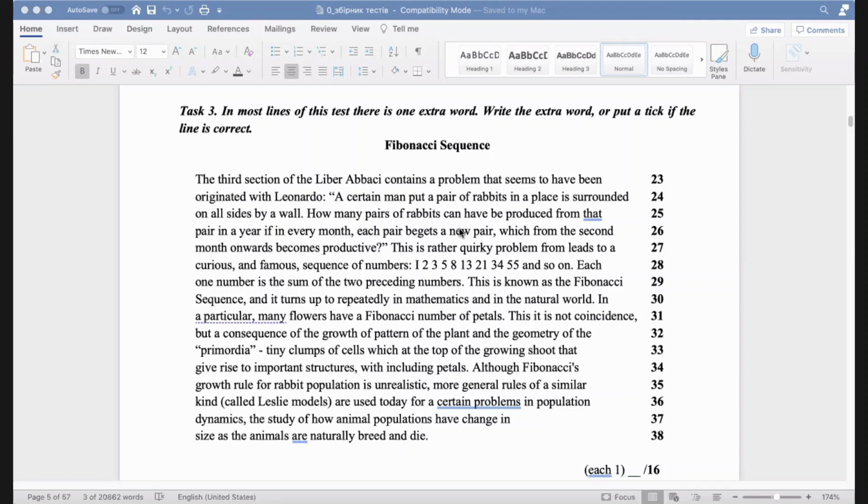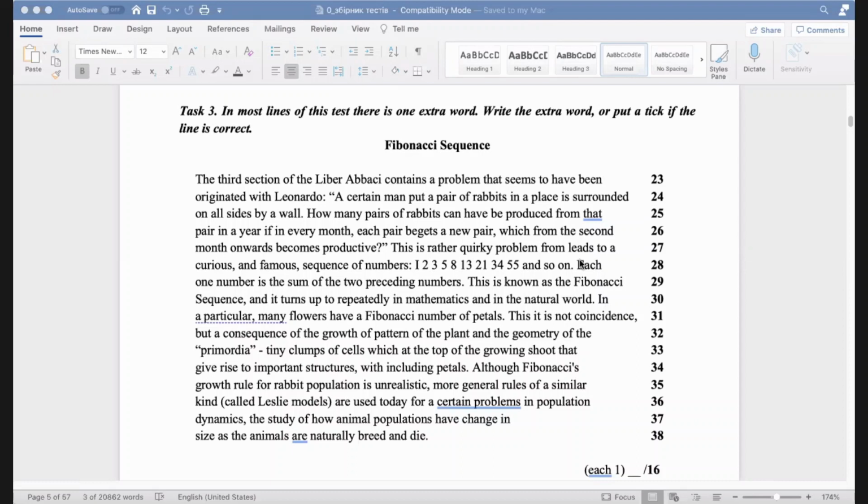Months onwards becomes productive. This is rather a tricky problem from leads to a curious and famous sequence of numbers 1, 2, 3, 5, 8, 55, and so on.